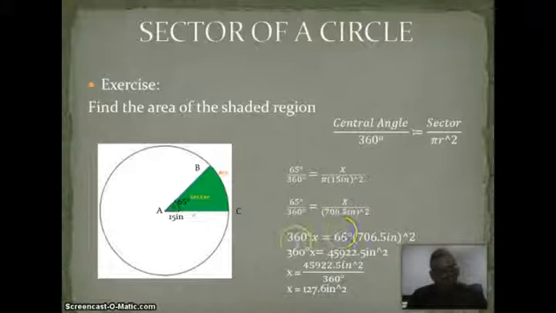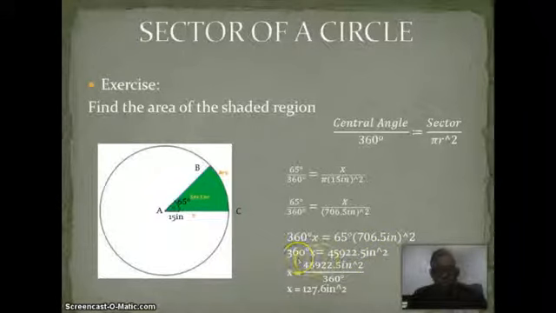So we have to cross multiply here. 360 multiplied by x equals 65 multiplied by 706.5 inch squared. So 360 x equals 45922.5 inch squared.